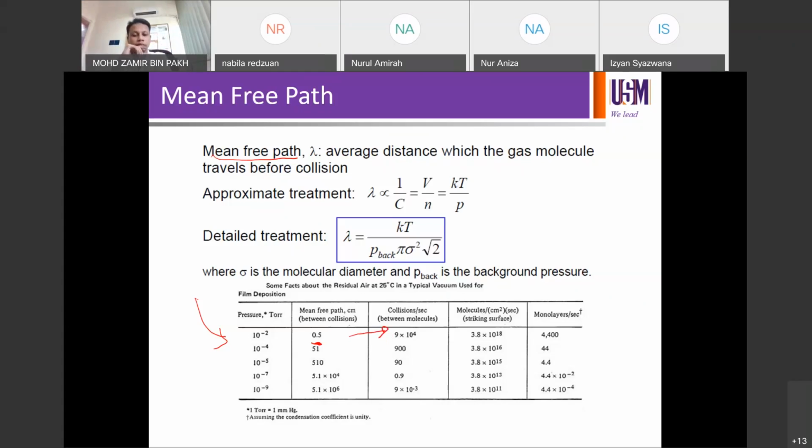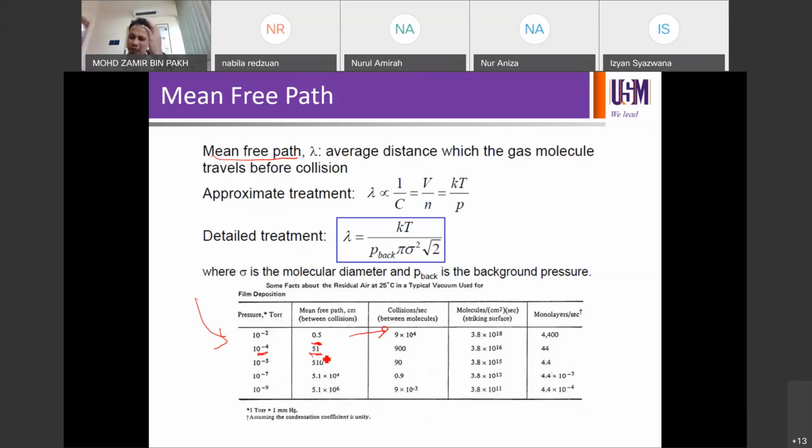Okay. On the other hand, if you reduce the pressure slightly more down to 10-4, for example, now the gas phase or the precursor material can travel 51 cm. So 51 cm is like your long side plus short side, that's 45 cm. So slightly more than that, right? That's probably enough, but usually we prepare the system to have more than that.